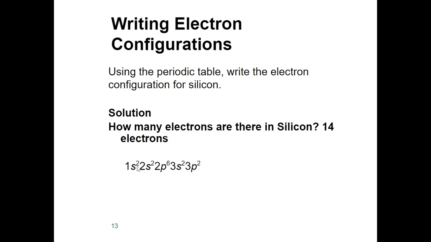So 1s2, that's 2. 2s2, that's 4. 2p6, that's 10. 3s2, that's 12. 3p2, because there's only 14, and the maximum p can hold is up to 6, but only 2, because if you add all together the exponents, it's going to be 14. So this is the electron configuration of the element silicon.